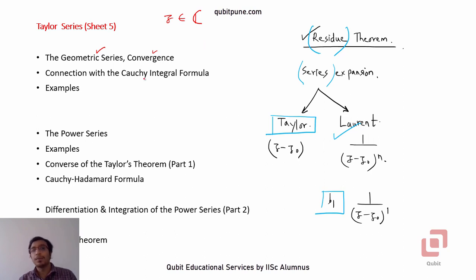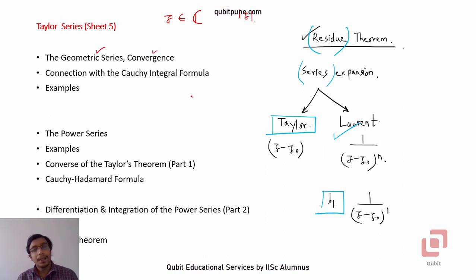From now on we will not say z is a complex number, or in general the variable that is present in the series; we will assume that it is a complex number. We will first talk about the geometric series and its convergence. This will require us to know what the absolute value or modulus of a complex number is.